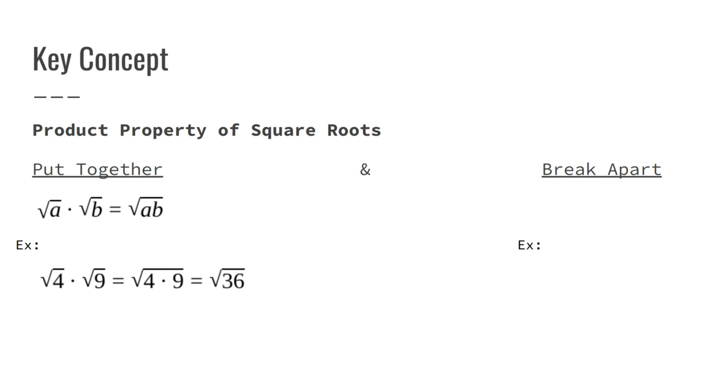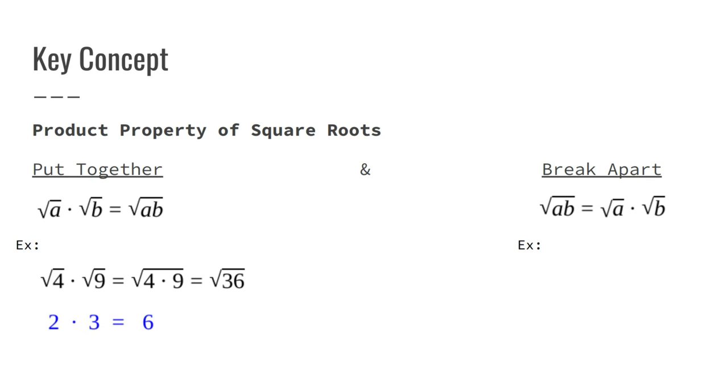Now, to make it a little easier, if you know the square root of 4 is 2, the square root of 9 is 3, and the square root of 36 is 6. So another easy way to look at this is to just look at 2 times 3 equals 6, which is your final answer for that one. So that's how you are able to put together multiplying two square roots.